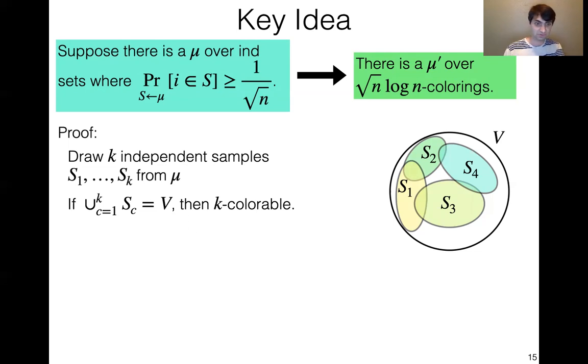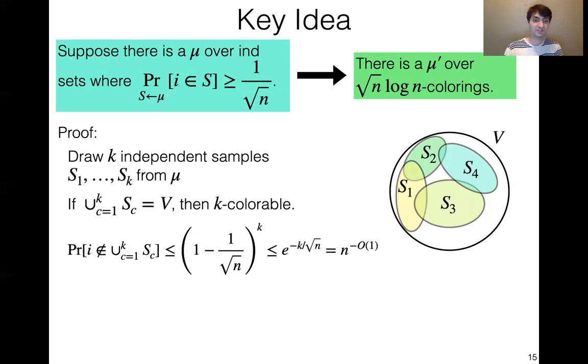So this still holds. And what's the probability that this good event happens? Well, the probability that some vertex is not covered is at most (1 - 1/root n) to the k, because there are k samples, and it's not in one with probability at most 1 - 1/root n by the hypothesis. We can upper bound this by e to the minus k over root n, which is then 1 over poly n, because k is root n log n.